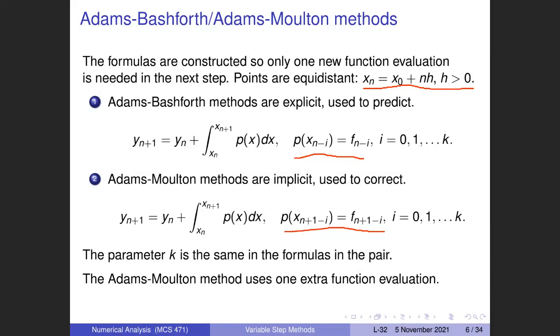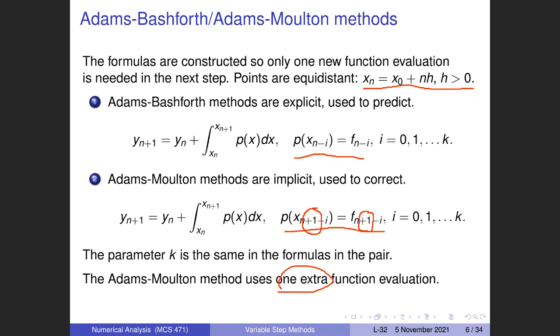What is the difference between the two? If you just eyeball it and do some pattern matching, we see the n plus 1. This is where we have the one extra function evaluation. That extra function evaluation occurs at the point where you cannot evaluate the polynomial, essentially.